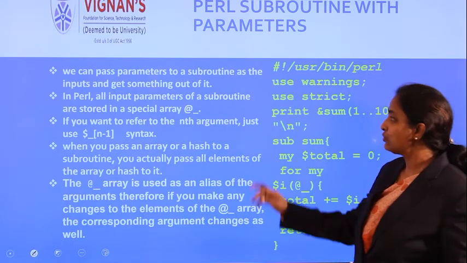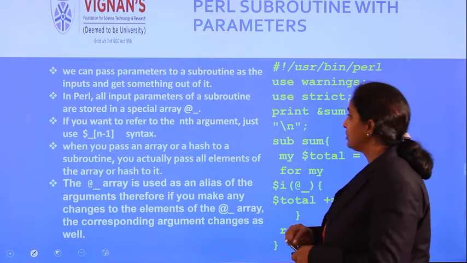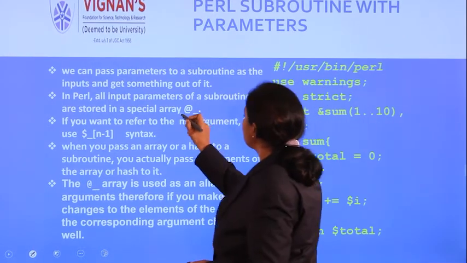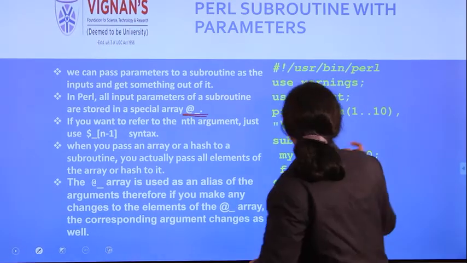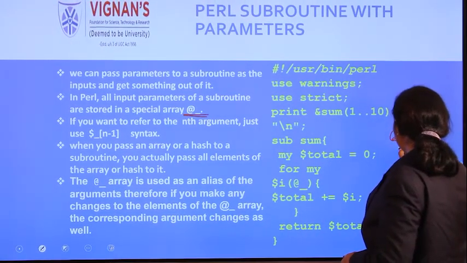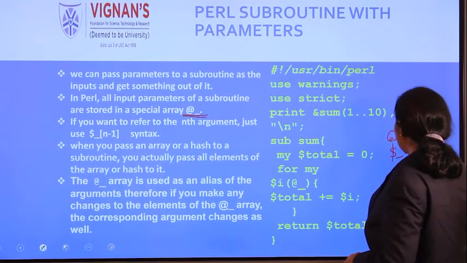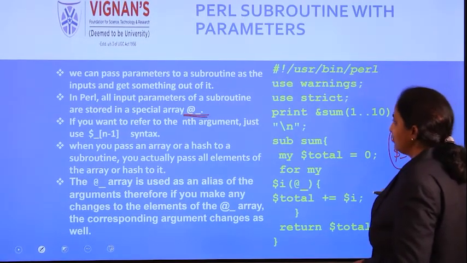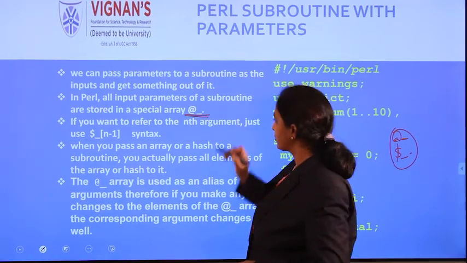You can pass arrays with the help of the default array variable, @_. And if you want to pass scalars, it is $_. These are the default symbols we use to pass the parameters into functions.